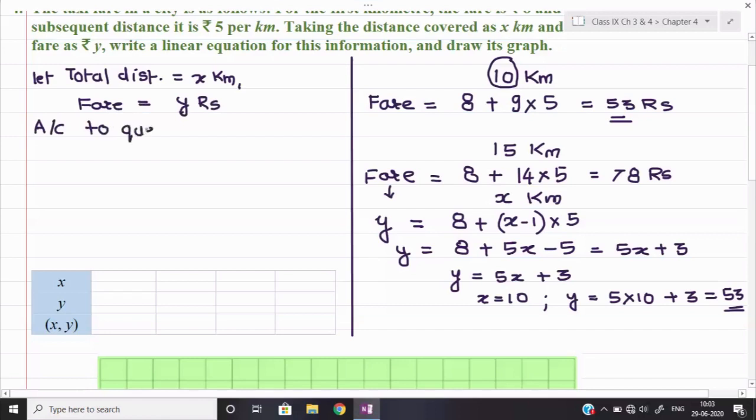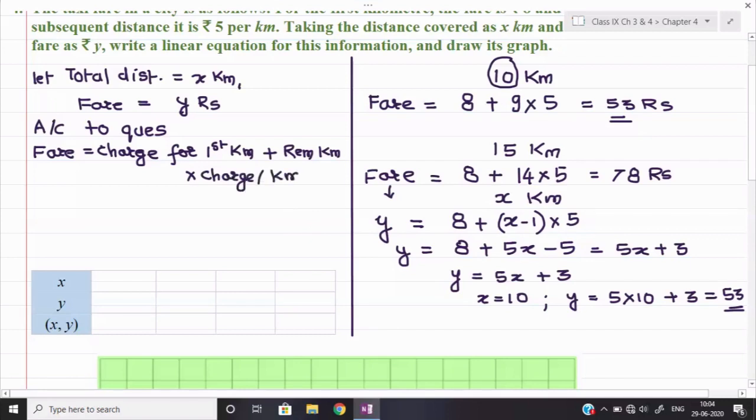According to the question, I will now write the fare. The value of fare will be equal to the charge for the first kilometer, plus the remaining kilometers multiplied by the charge per kilometer. This is our formula.